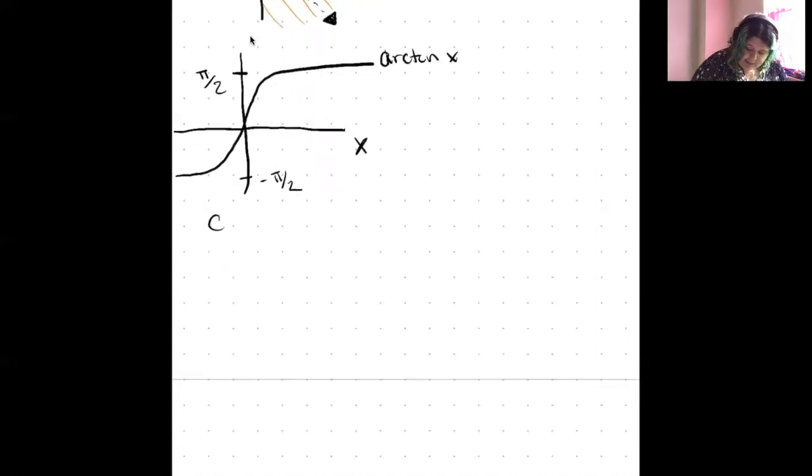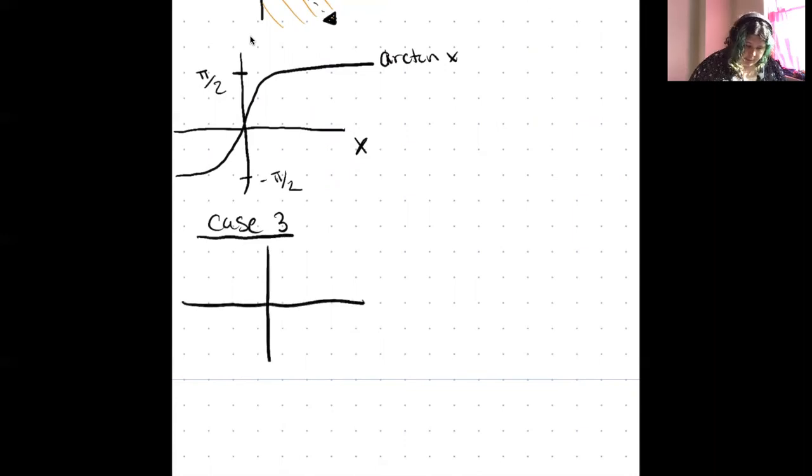And lastly, case 3. So that's going to be when we are down here. So that's my a comma b. And in this case, we're going to do something really similar. We're going to extend this line up. So I have kind of this minus a comma minus b here.